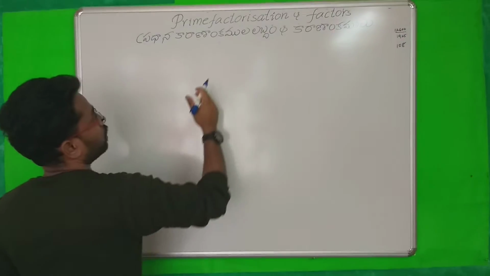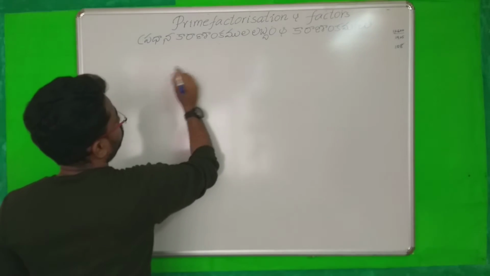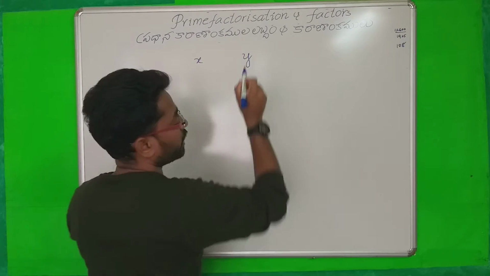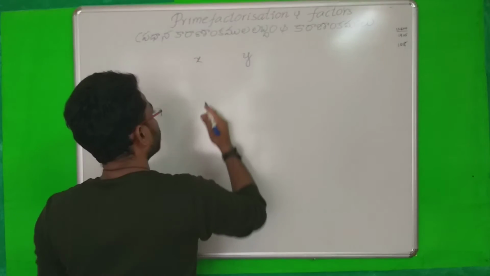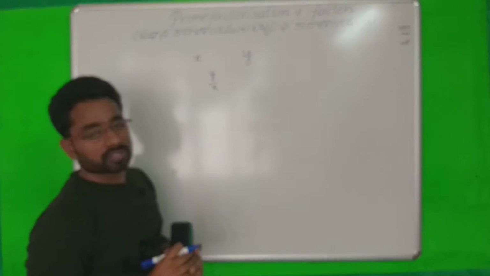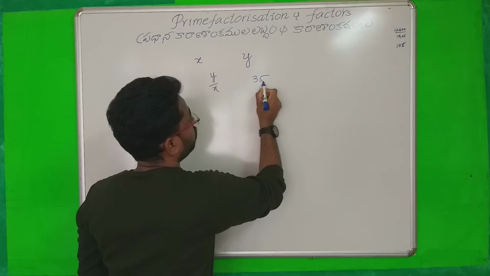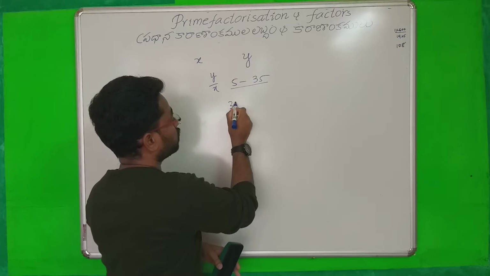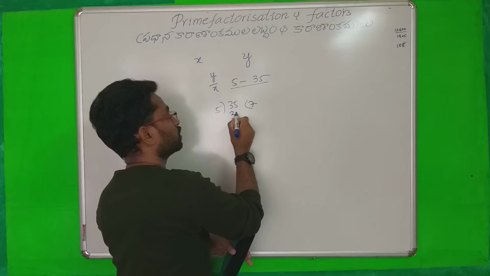So first of all, factor. What is a factor? Karanankamu. If x is a number that divides y exactly, then we can say x is a factor of y. For example, I am taking 35 and 5. 35 should be divisible by 5. 5 sevens are 35.